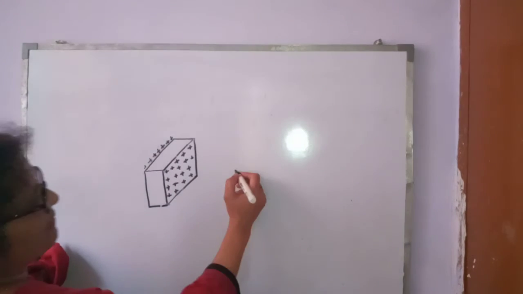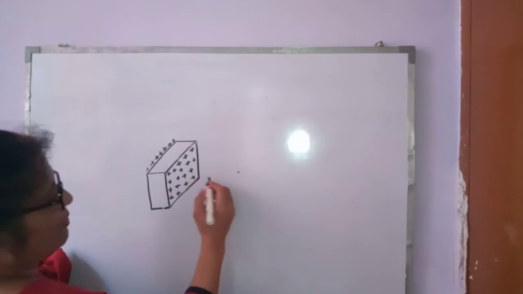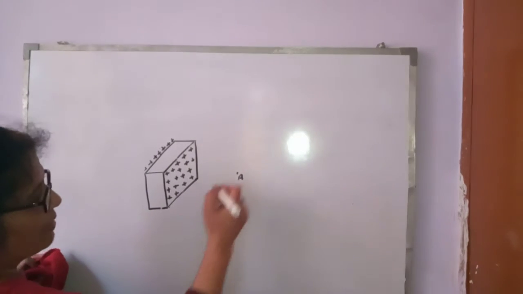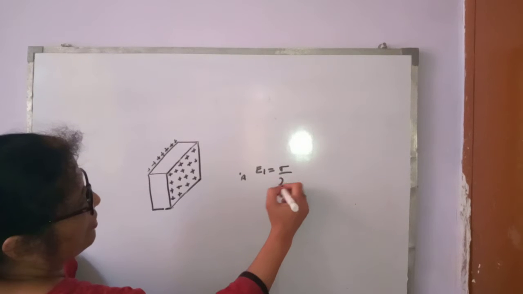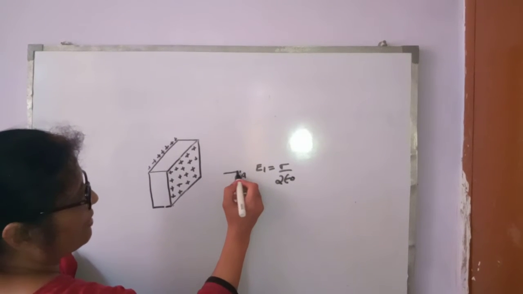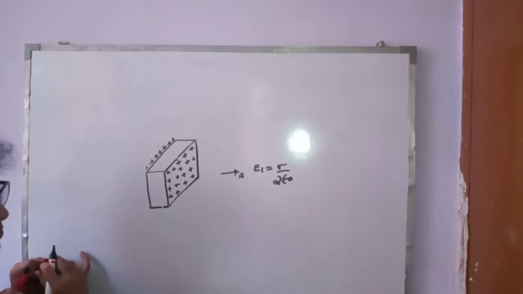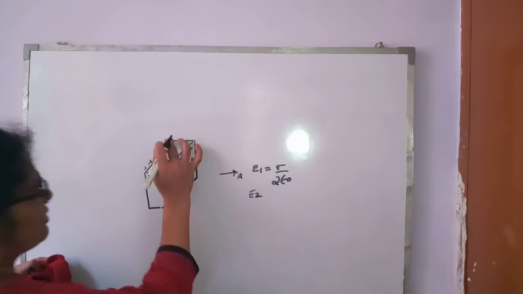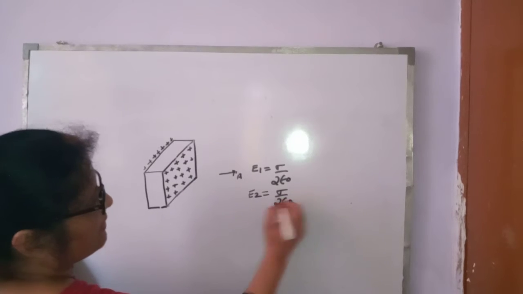Now if it is the point P, then due to this sheet of charge the value of the electric field is E1 equal to sigma upon twice epsilon naught. Due to the other surface also, because distance doesn't matter, E2 is also equal to sigma upon twice epsilon naught.